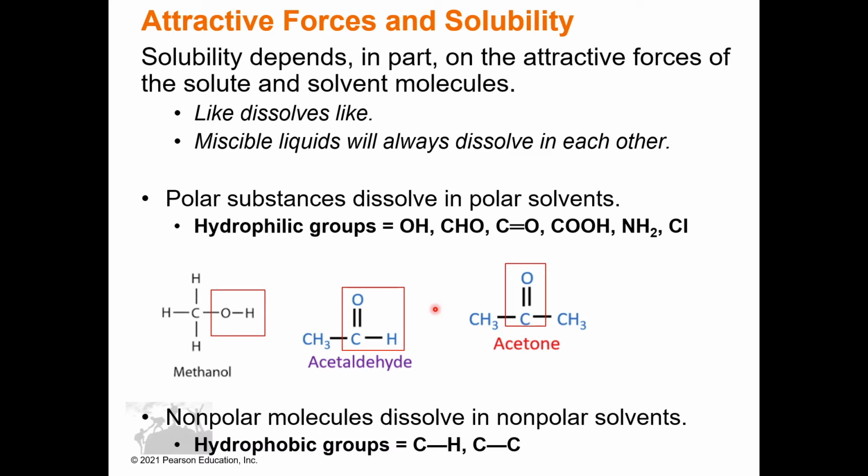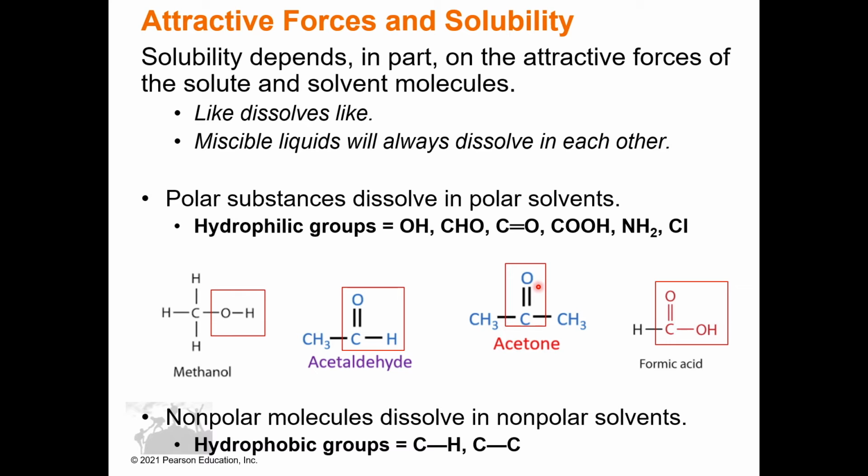Next, we have a ketone. So what we have highlighted here is the polar portion of acetone. We have a carbon doubly bonded to an oxygen, but it's also singly bonded to other carbons. Next, we have COOH.